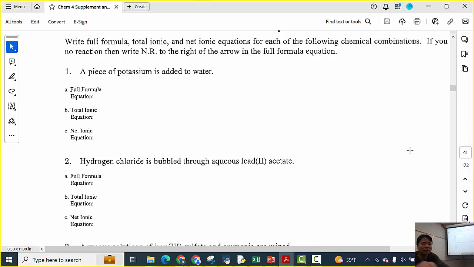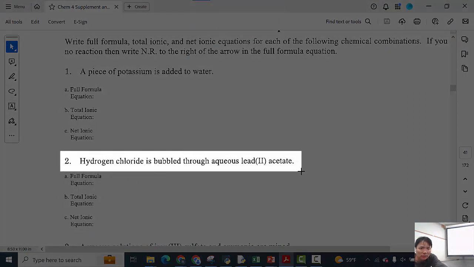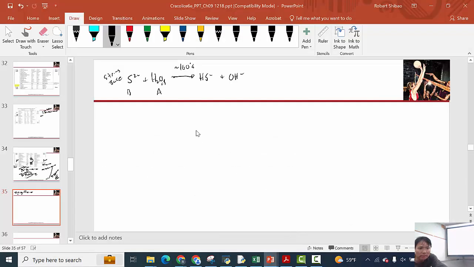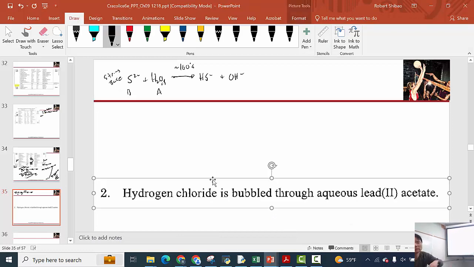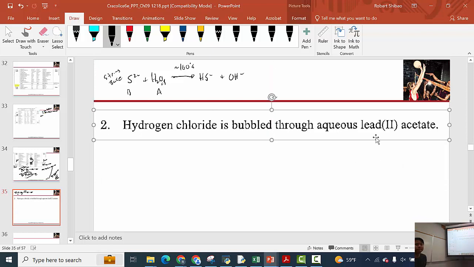So let's take a look at number 2 here. And I'm just going to do it on the PowerPoint. I don't like number 2 for Chem 4 that much. Maybe for Chem 1B it's okay, but even for Chem 1A. But since we're stuck with it, I'm just going to go with this.